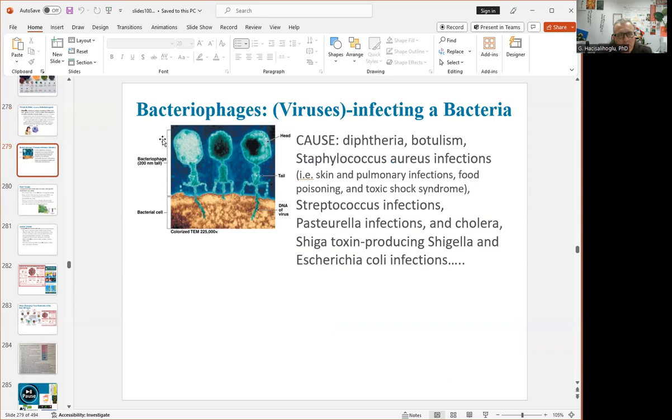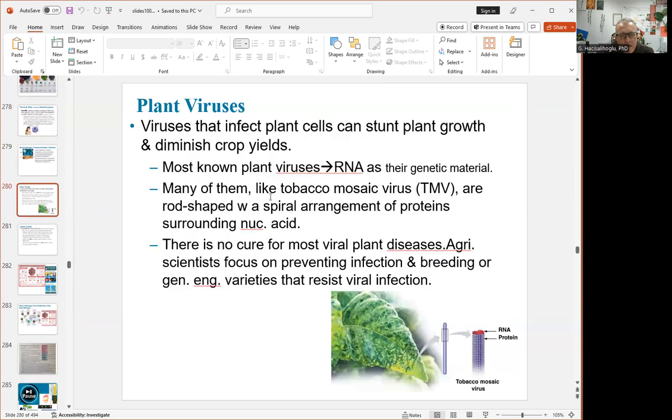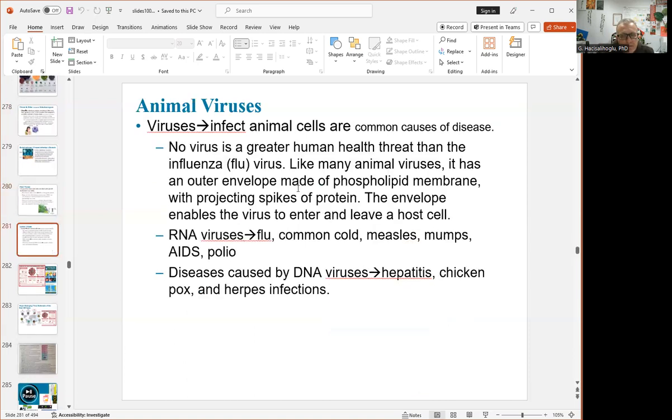There are bacteriophages, which infect bacteria. They can cause diphtheria or some other bacteria-related infections. Here you can see there are plant viruses; the first virus discovered was in plants, TMV, tobacco mosaic virus, and the RNA viruses like SARS and COVID-19.